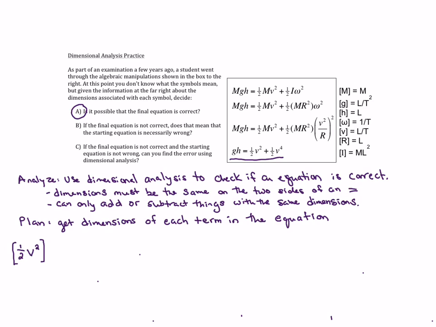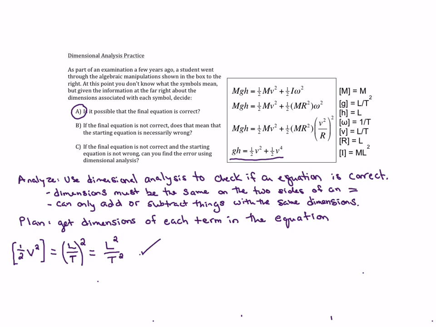So this equals length over time, but then because v is squared, its dimensions are also squared. So the dimensions of a half v squared would be length over time squared, and then if I wanted to write it all out, I could distribute the squared and I would get length squared over time squared. Good, so I'm done with the dimensions of that half v squared.